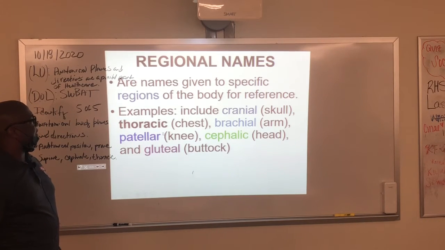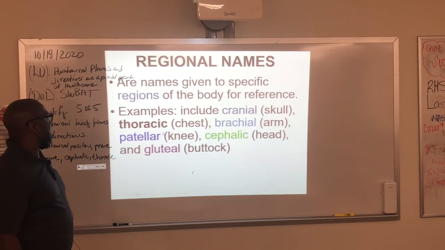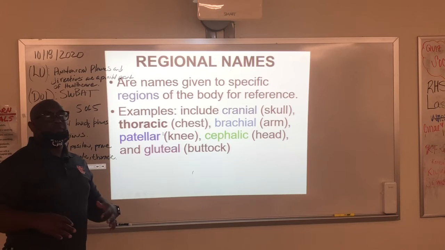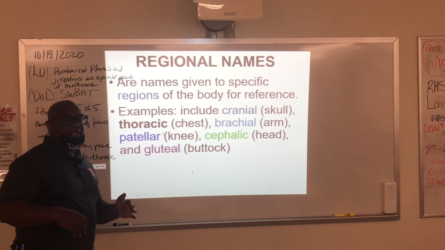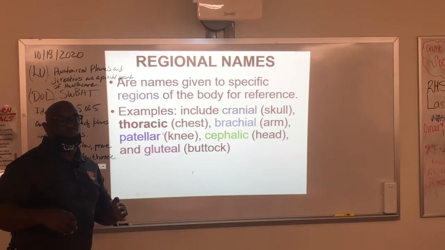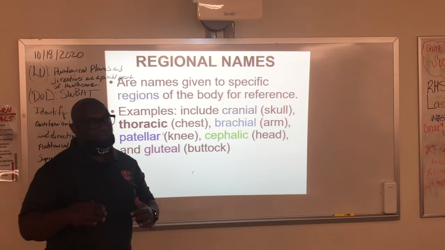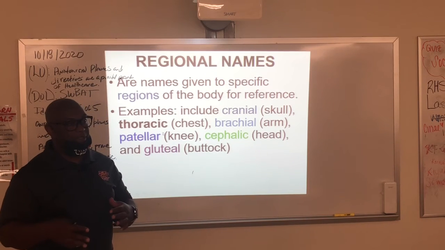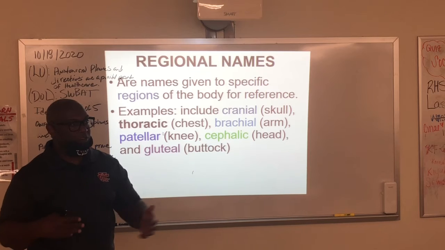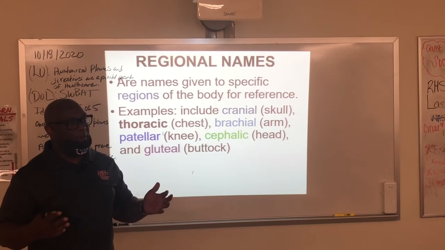Regional names are names given to specific regions of the body for reference. Anatomical planes are used as reference points so we don't have to talk so much, or get things mixed up. Just like you learned last week about military time.